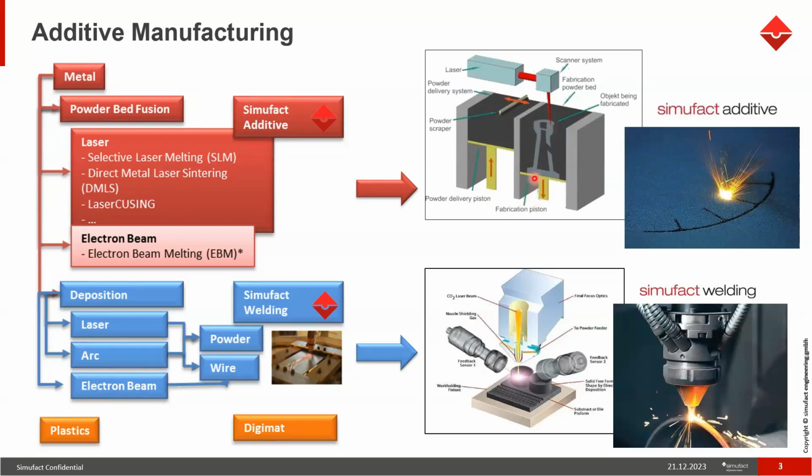Additive manufacturing is the opposite of our subtractive manufacturing processes, like milling, where we take away the material. Here, instead of taking away the material, we are adding the material.